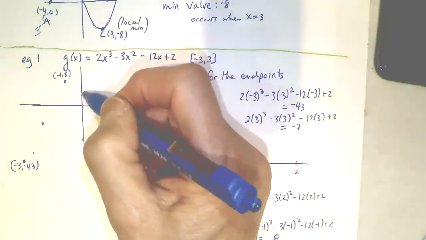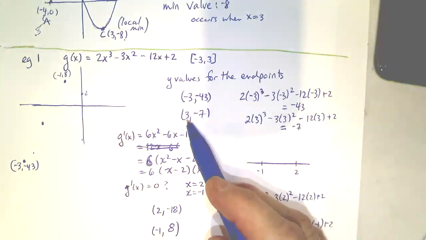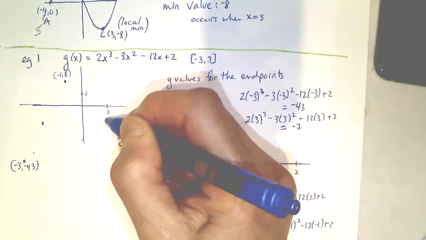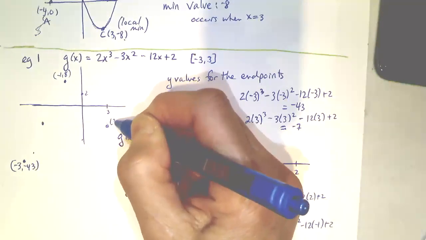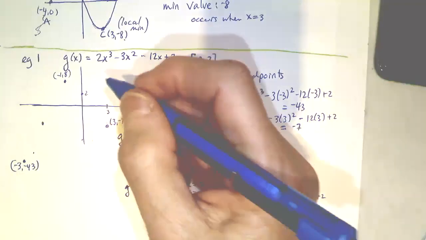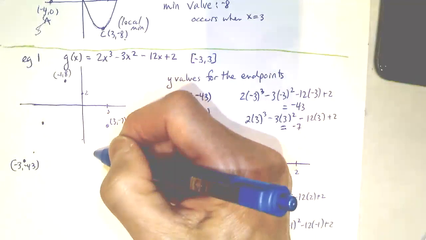The y-intercept is going to be at 2. And the value when x is 3 is -7. And the value when x is 2 is at -18.